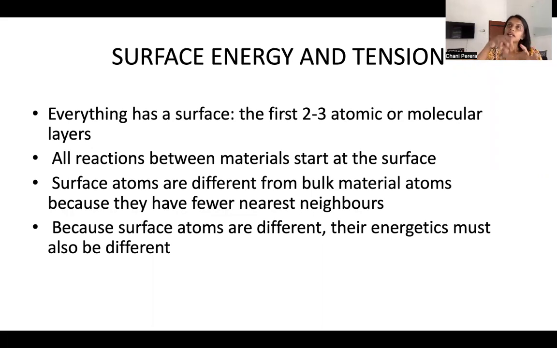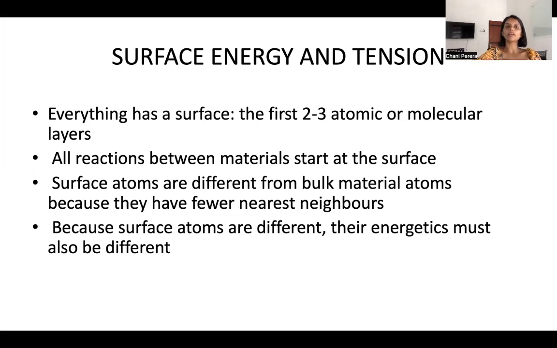Inside the bulk, the atoms are surrounded by nearest neighbors, but the surface atoms have nearest neighbors towards the inner side of the bulk material, but not on the top, right? So they have fewer nearest neighbors. And because of that, surface atoms are different, their energetics therefore also different.